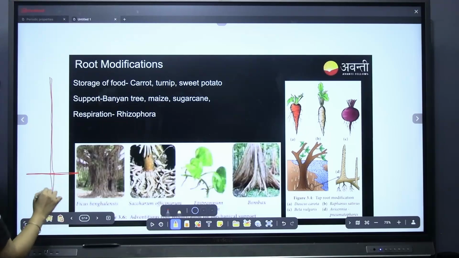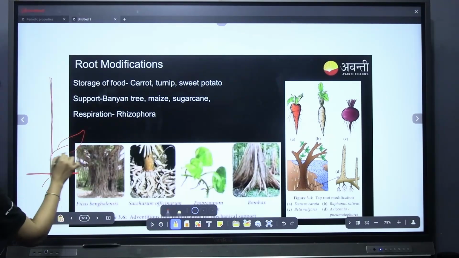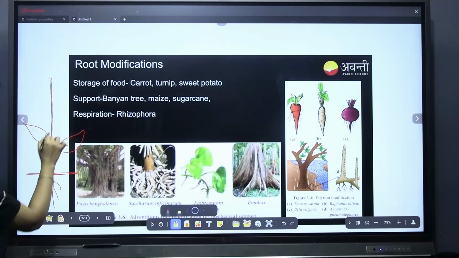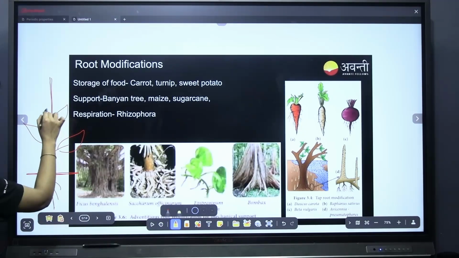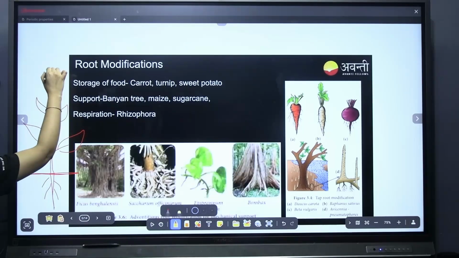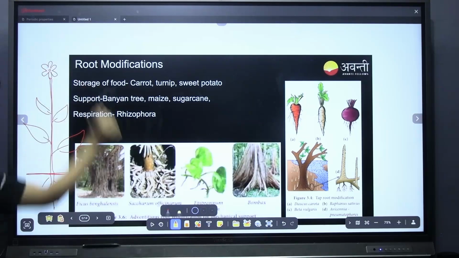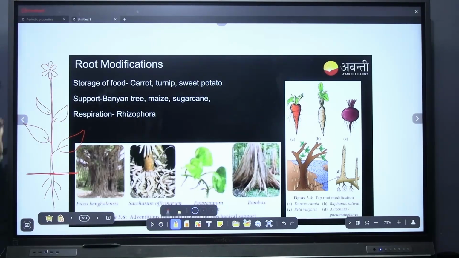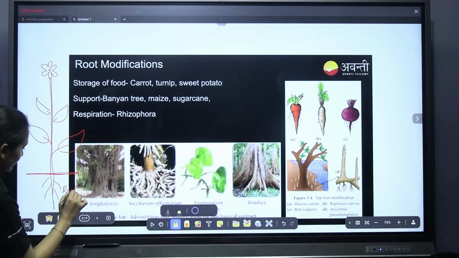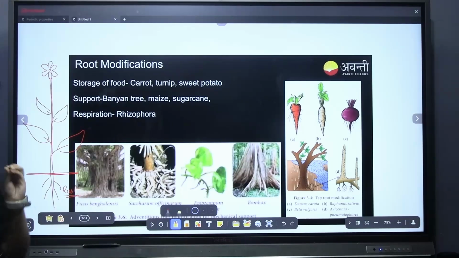This is root, these are roots, this is leaf, and here we can see flower. Okay. Now this is a plant basically. Here coming to the modifications, that is root. What is the primary function of root? Now tell me, primary function of root.